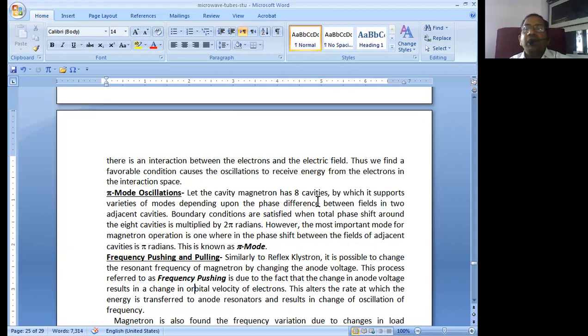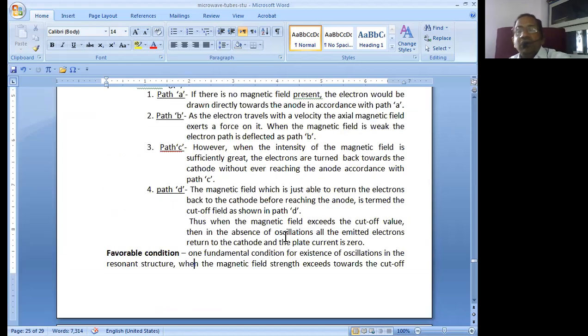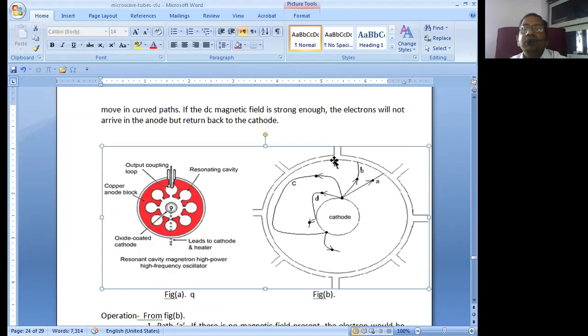The cavity magnetron has 8 cavities, by which it supports a variety of modes depending upon the phase difference between the fields in two adjacent cavities. The adjacent cavities have some phase difference because all the cavities do not have the same phase angle.